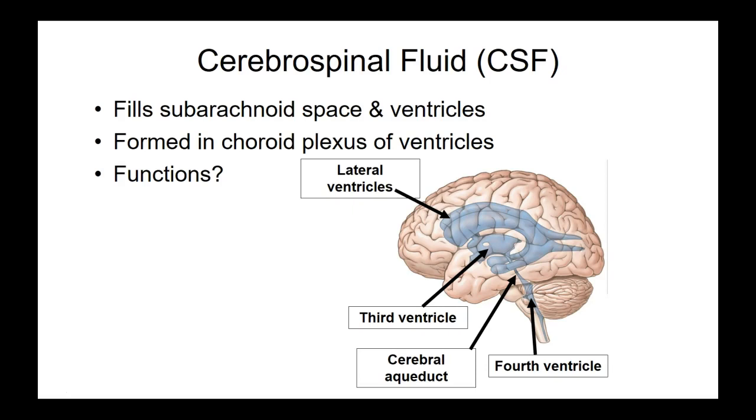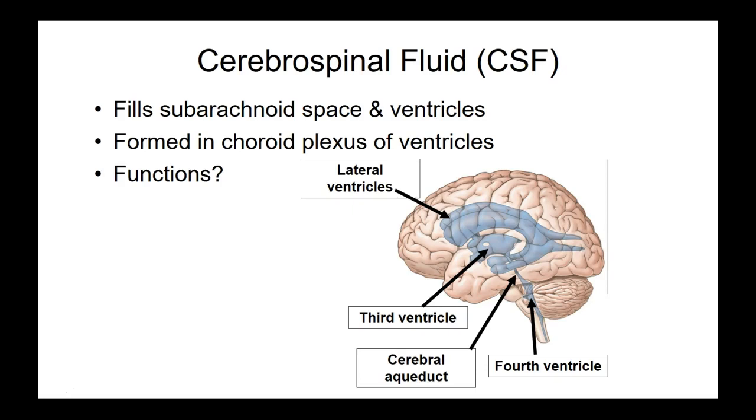The other thing is that since the brain is basically floating in the cerebral spinal fluid, the brain's not directly in contact with the bone, the cranium, right? Which means that cerebral spinal fluid also offers some cushioning to the brain, because the brain kind of floats.